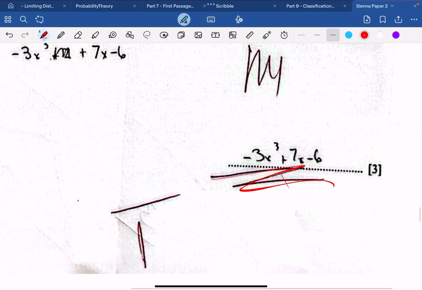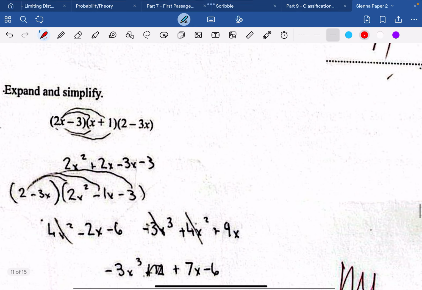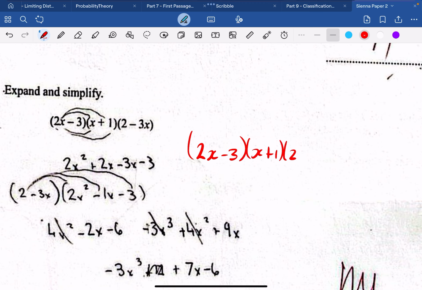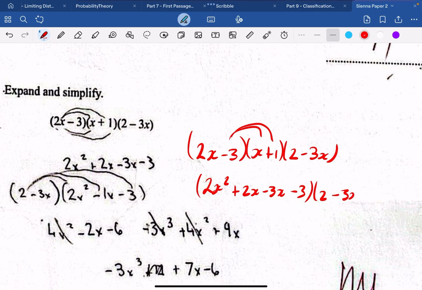Okay. This looks like it was wrong, so I'm just going to go through it quickly, step by step. 2x minus 3, x plus 1, 2 minus 3x. Now let's just deal with the first bit. 2 times x, we get 2x squared plus 2x minus 3x minus 3 times 2 minus 3x.